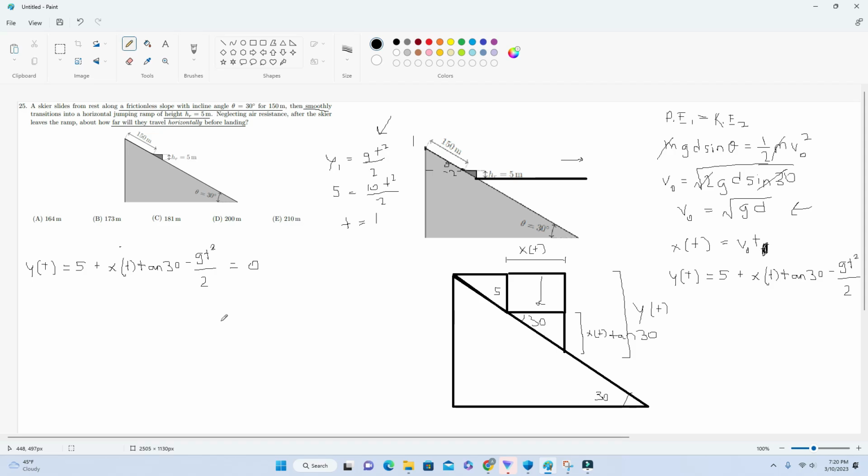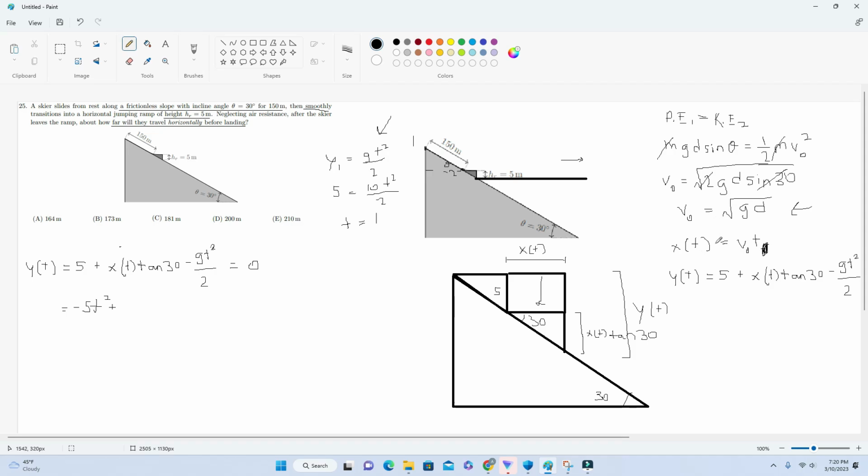We can still solve it like any other quadratic equation. So just trying to simplify this down, right? Our g will go to 10. So our t squared term will be negative 5 times t squared. Our x of t times tan 30 would eventually be equal to plus v0 times t. Remember, v0 itself is root g times d.